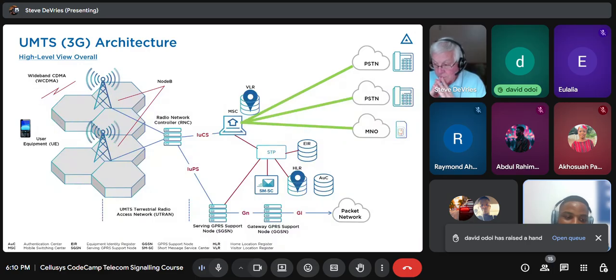Is that connected to any generation? I didn't understand the H class. H plus. Oh, like high speed access, you mean? Okay, is that a 4G whenever you see an H plus?